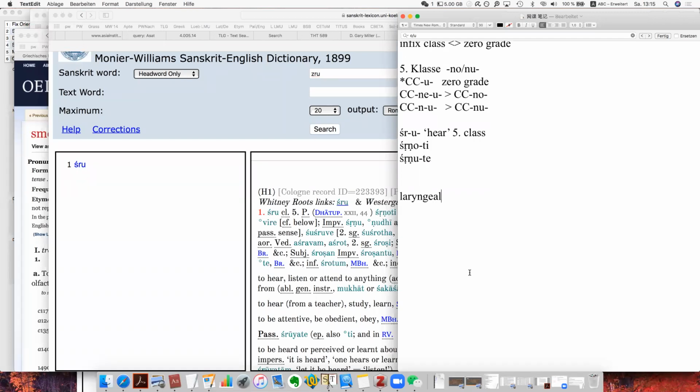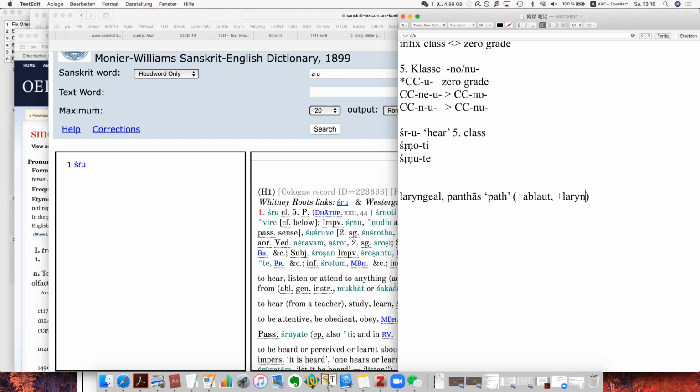For the laryngeals, we have mentioned this word before. This is the Sanskrit word for pas, and it has a very complicated declension because it has ablaut, and then also the laryngeal.